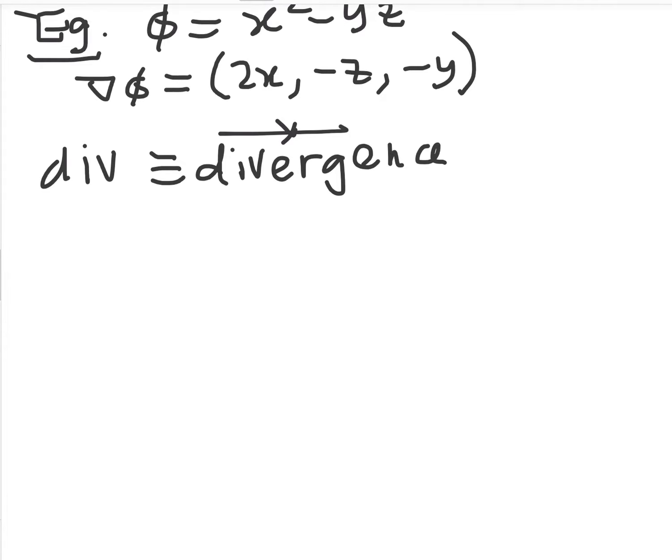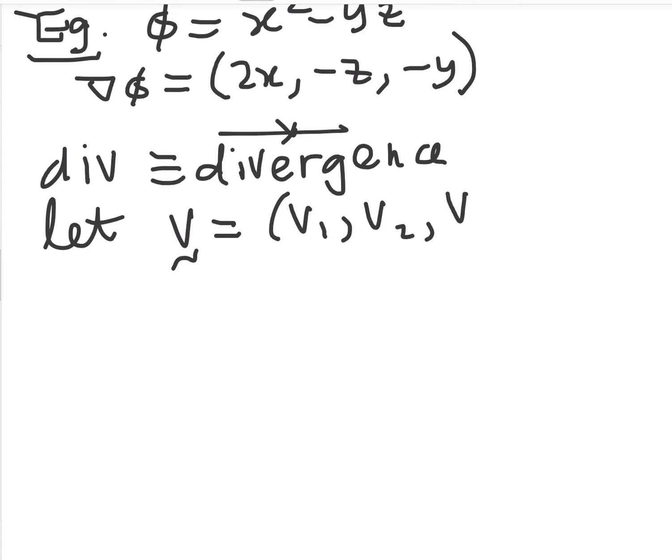So suppose the vector v in this context is a vector of 3 coordinates, i.e. each of the components v1, v2, v3 may depend on x, y, and z.